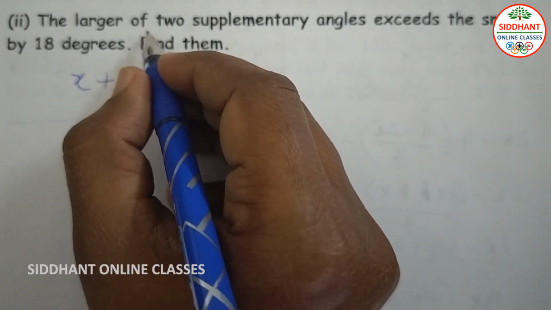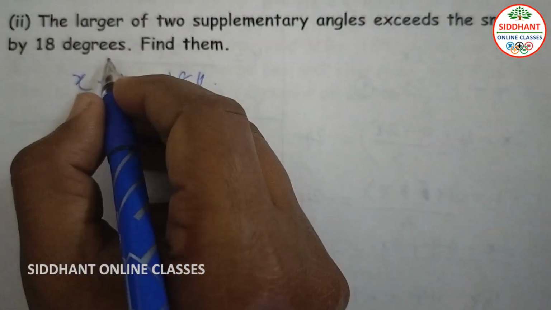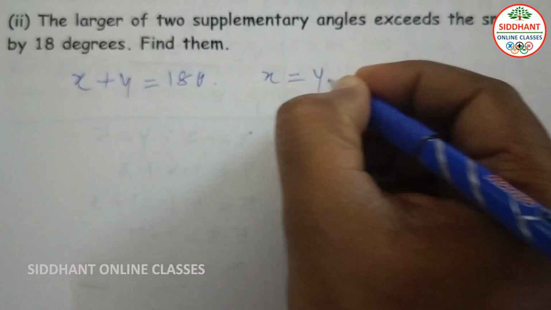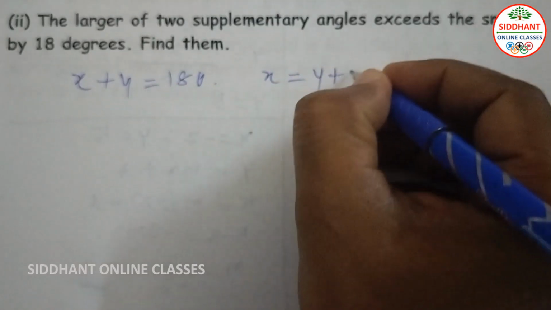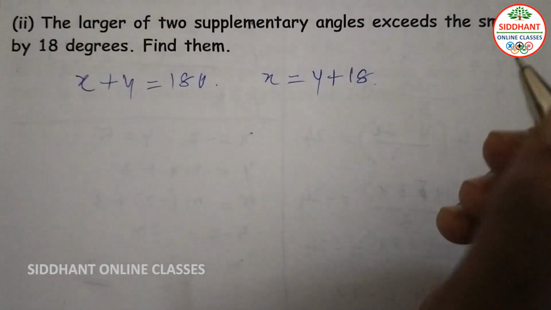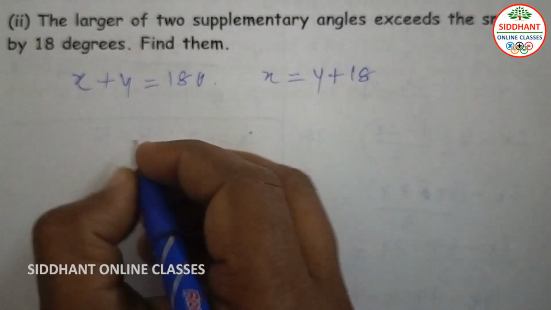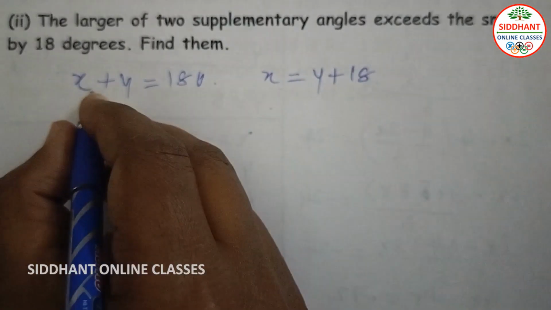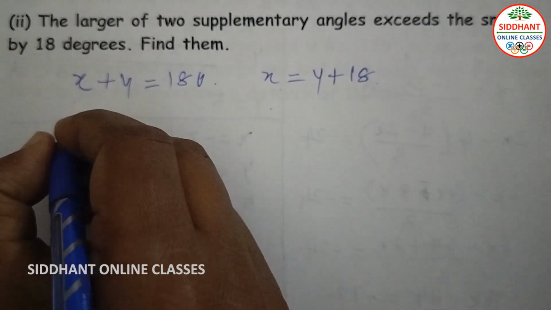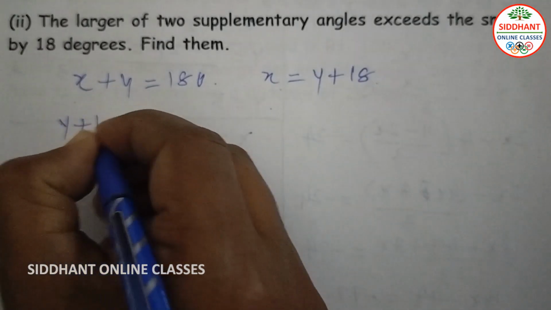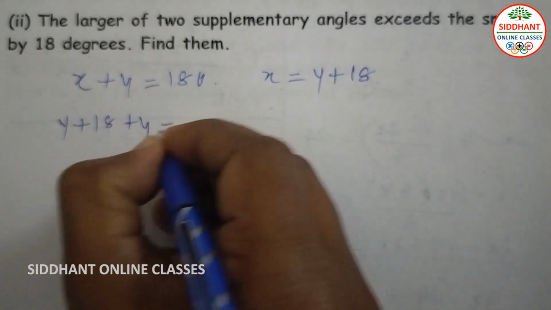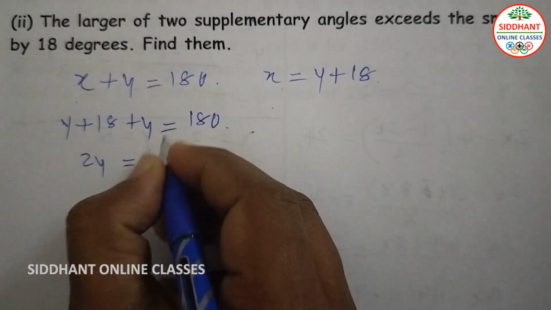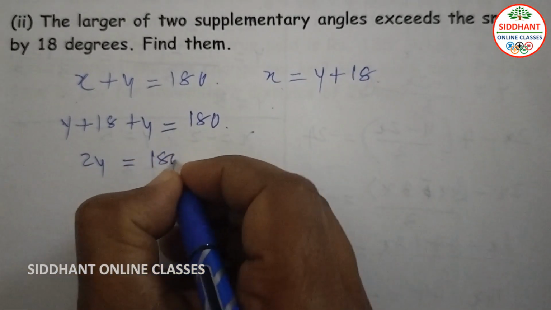And the larger exceeds the smaller by 18 degrees. So suppose x is larger and this is smaller, which will exceed by 18 degrees means plus 18 it is. So these are the two equations. So here from this x value we know and we are going to input here. So x, we know y plus 18, plus y equal to 180 here. That will be 2y equal to 180 minus 18.